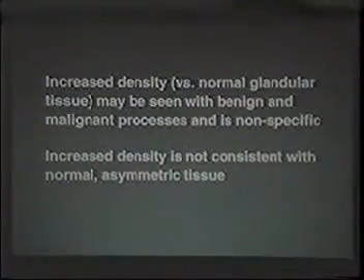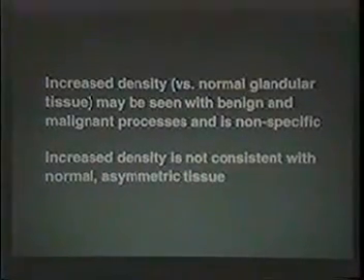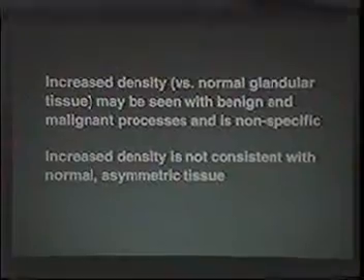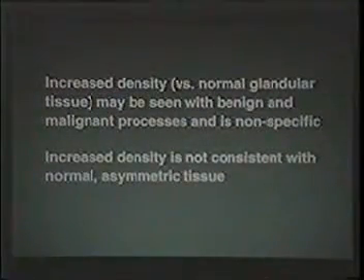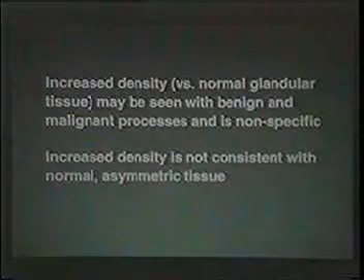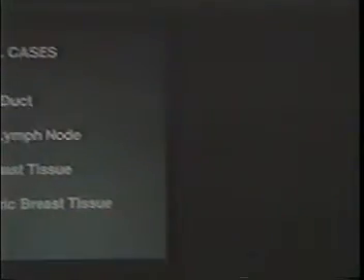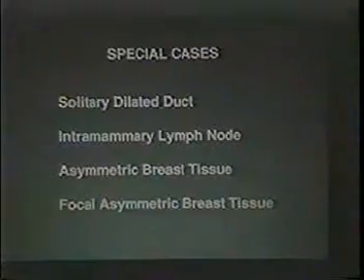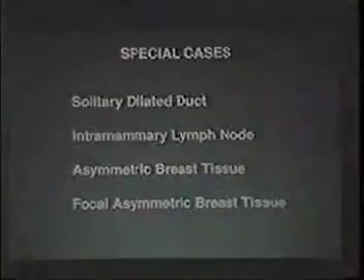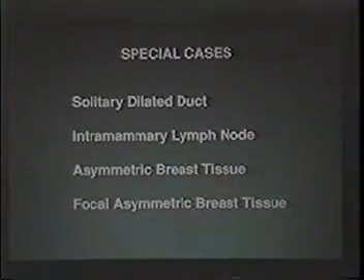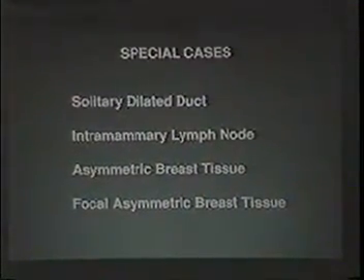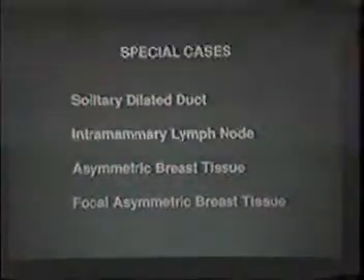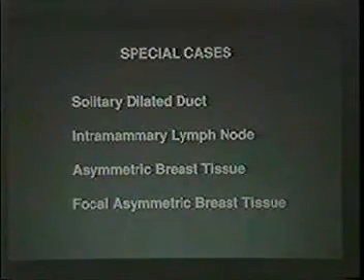Increased density, however, is not consistent with just normal glandular tissue in the breast. And cancers, of course, may be isodense, may have increased density, and in some may contain some fat streaking through them also. Now, there are a few special cases that don't fall into the descriptors that we've already gone through. And those include the solitary dilated duct, the inframammary lymph node, asymmetric breast tissue, and a smaller focal asymmetric breast tissue area.